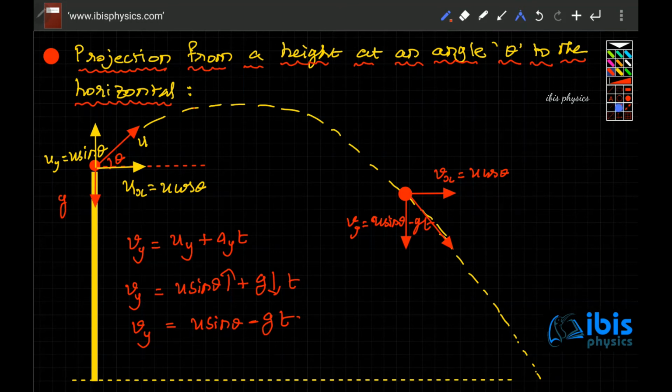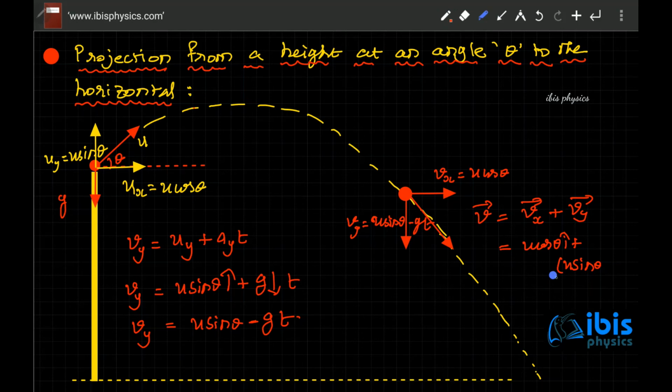So as we did in the previous case, the v vector is the x component of the vector plus the y component of the vector. Vx is u cos theta in the right hand direction, or we usually take it as the x direction, where the unit vector along the x axis is i cap. This is the downward direction. So I will write it here.